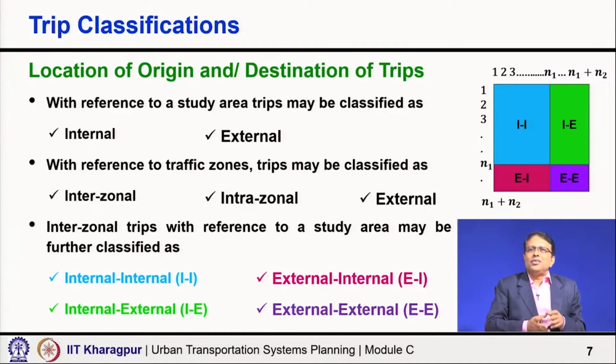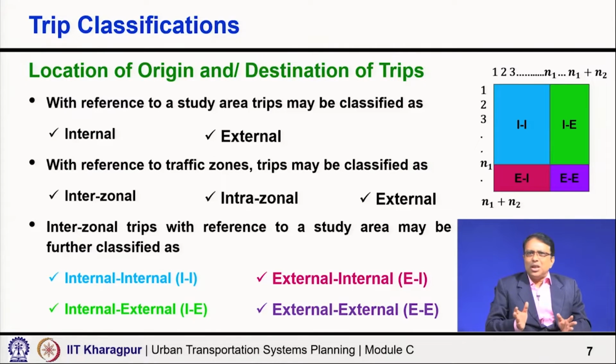Then some trips are produced within these N1 zones, but actually go outside. So, trips produced in any one of these N1 zones, but going outside this cordon line.